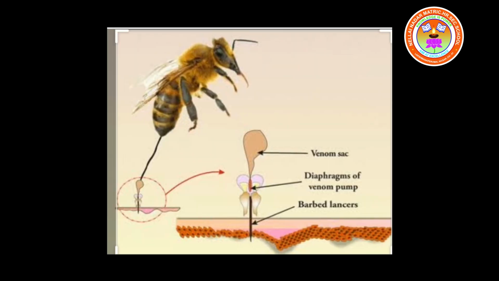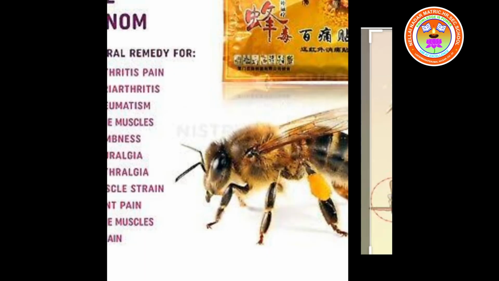Next, bee venom. So what is this bee venom? It is also known as apitoxin. It is a cytotoxic and chemotoxic bitter colorless liquid containing proteins which may produce local inflammation. It may have similarities to sea nettle toxin.